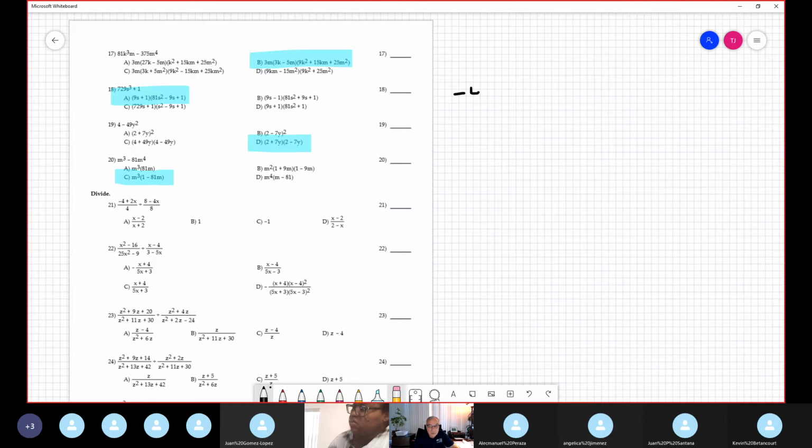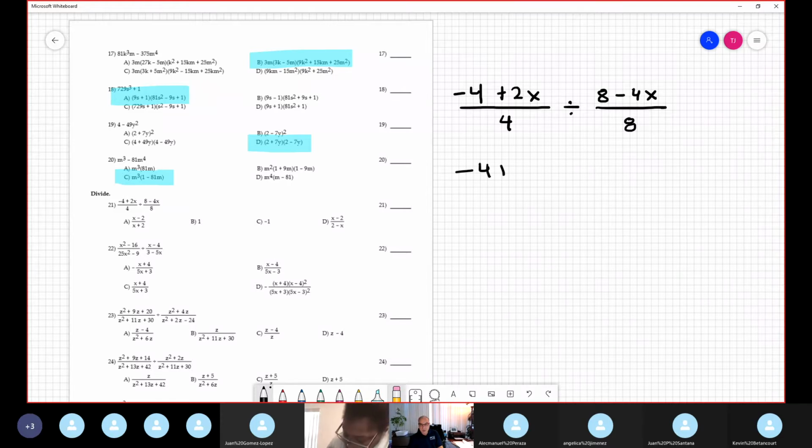Okay, now manipulation of a different expression. In this case, division. I don't know why division, but it's okay. 21 says negative 4 plus 2x divided by 4 divided by another division, a minus 4x over a. Okay, the first thing you should do is, I don't feel comfortable with this division, so I convert it to multiplication. Multiplication is easier. It's times, and you flip it: a over a minus 4x.